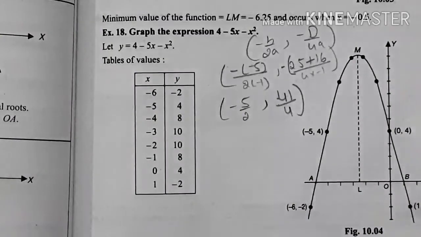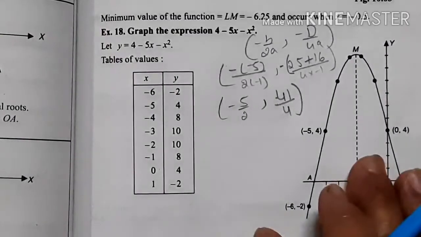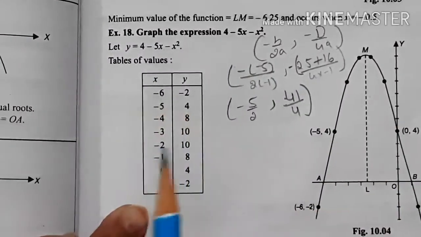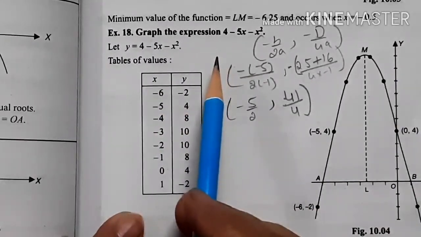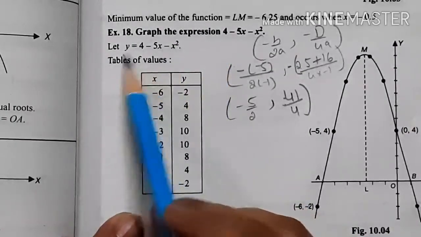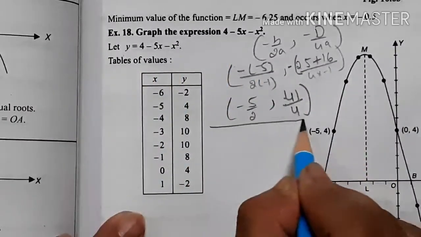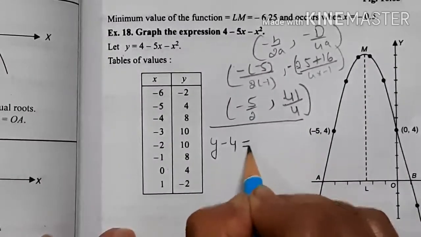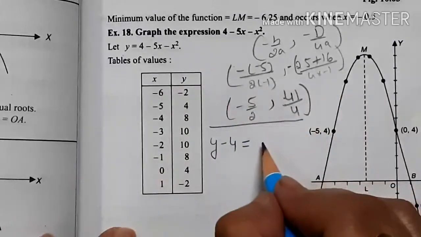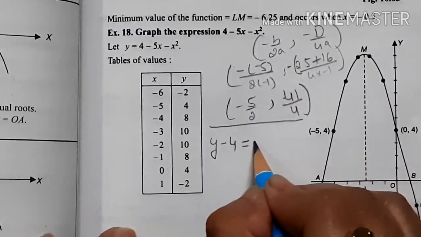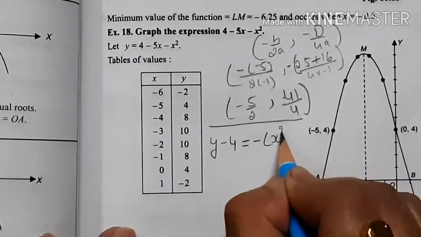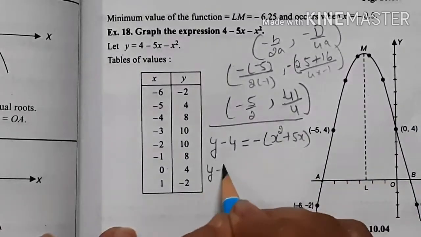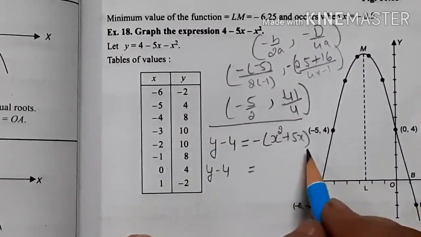But if I want to make it a perfect square, another method to find the vertex, I will first shift the constant term, that 4 value, to the other side. So y minus 4 is equal to minus x square minus 5x, and I will take the negative sign common, x square plus 5x. Now what term do I have to add on both sides to make it a perfect square?